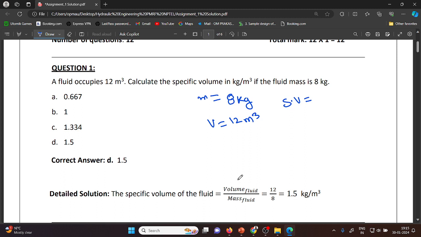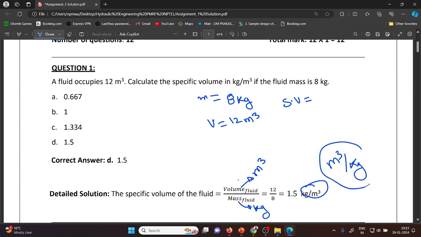In the solution, volume is in meter cube, and mass is in kg. So the unit should be meter cube by kg. As per the unit, I think this question is wrong. But moving on, specific volume is what?